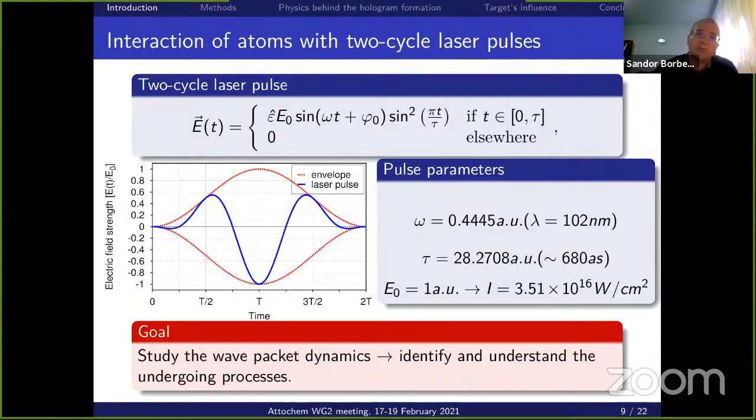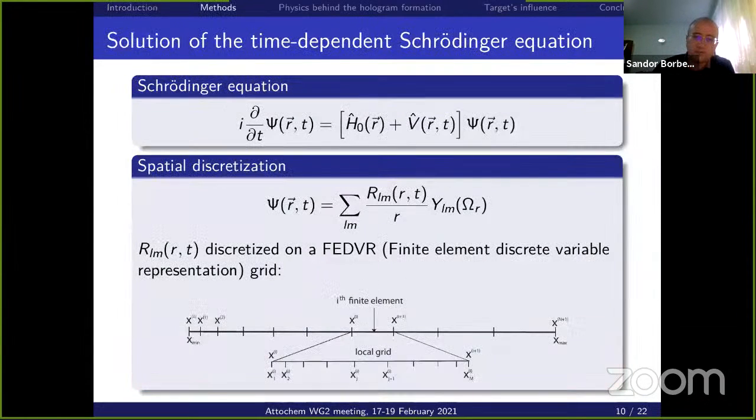Our main goal was to study the wave packet dynamics and to identify and understand the ongoing processes. As a tool, we have used the numerical solution of the time-dependent Schrödinger equation for single active electron systems. Our approach is pretty standard.